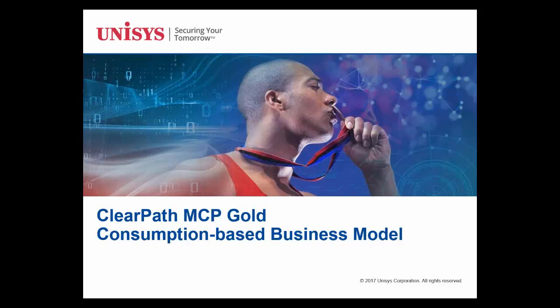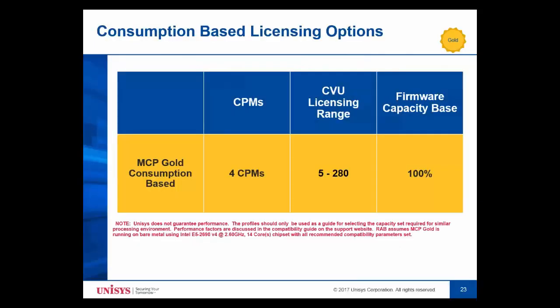So now let's talk about the features of the consumption-based business model. As I said earlier, MCP Gold is consumption-based. It has 4 virtual CPMs with 5 to 280 CVUs available, and the firmware capacity base is set at 100% of the 4 virtual CPMs.